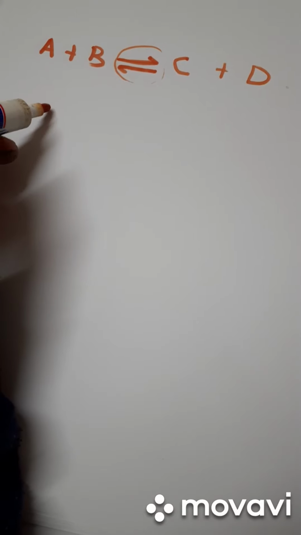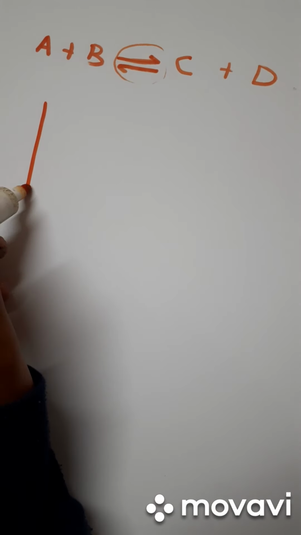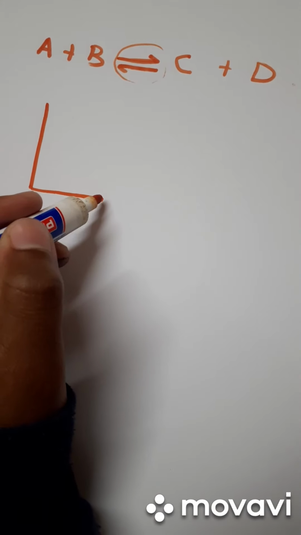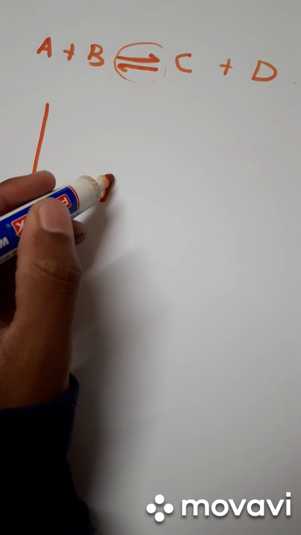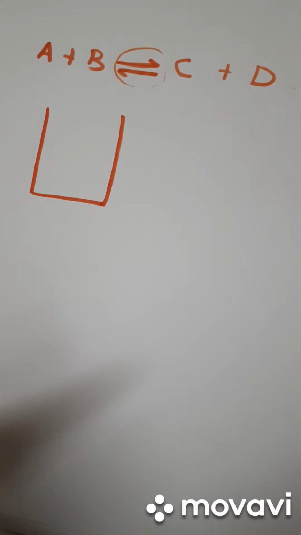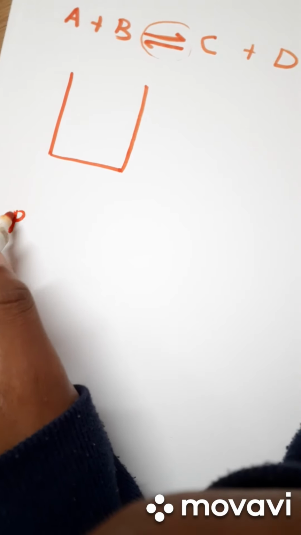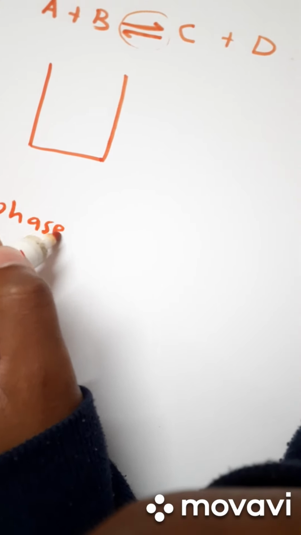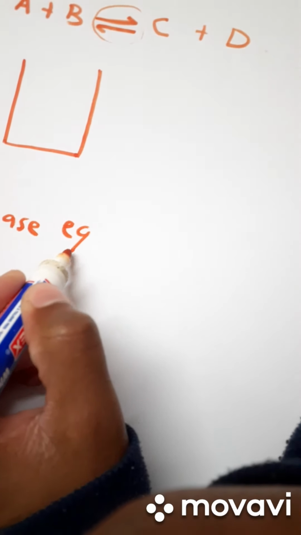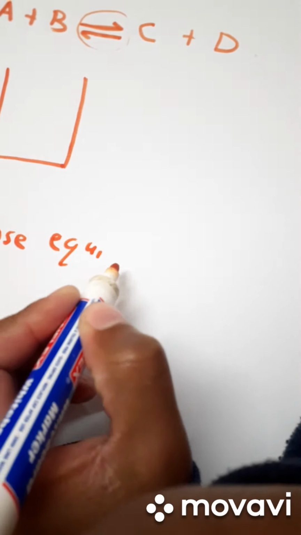Suppose we have this container here. Let us make an example of what is called the phase equilibrium. Phase equilibrium.